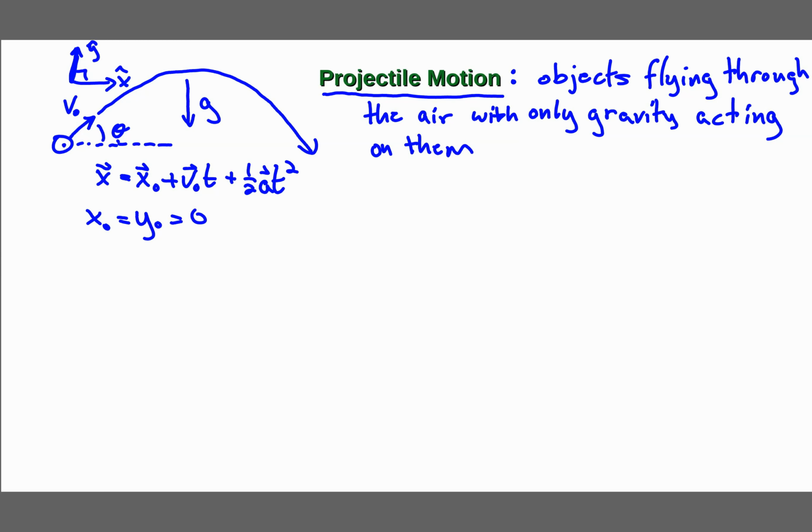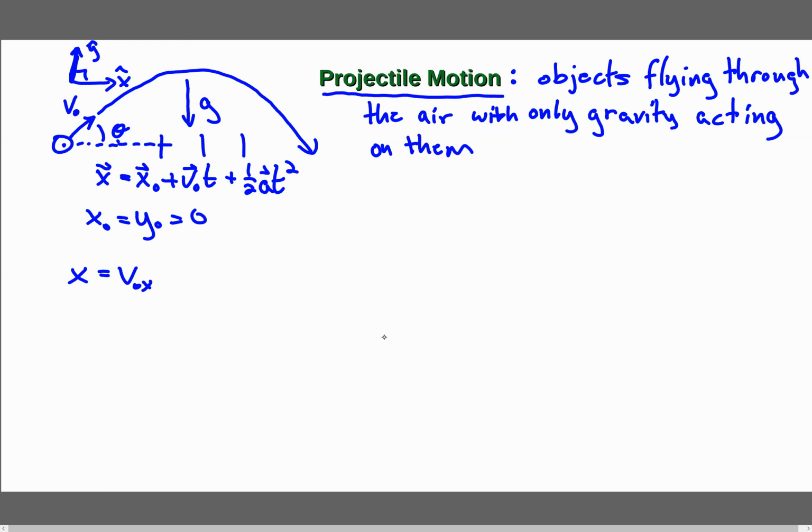At any point along the way in the x direction, it's going to be true that x equals x0, which is 0, plus v0 in the x direction times t. Plus 1/2 a in the x direction, but that is also 0 because our only acceleration in this problem is g, which is totally in the vertical direction. So this is going to describe our x position at any time t.